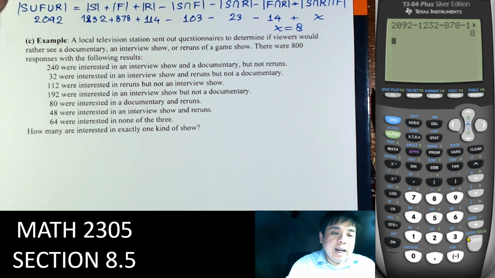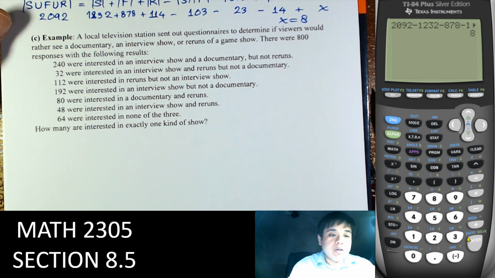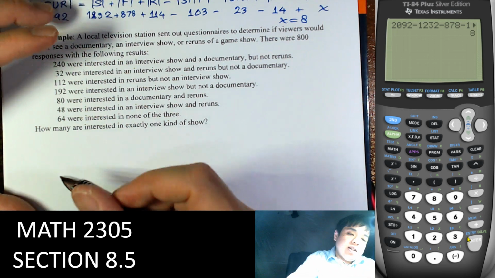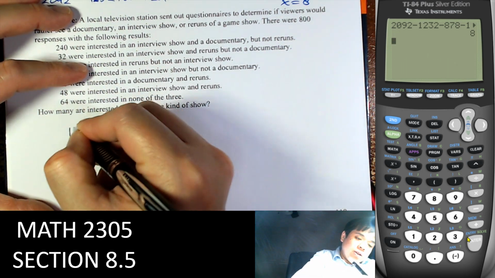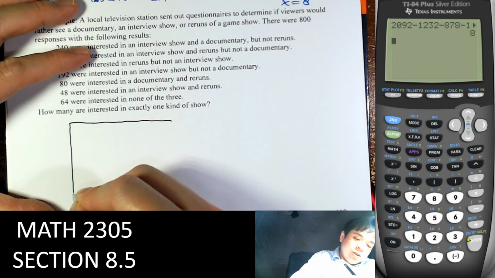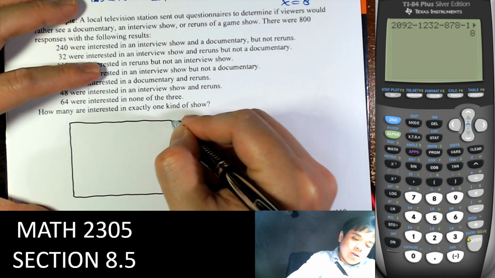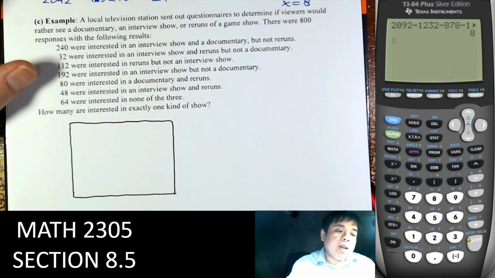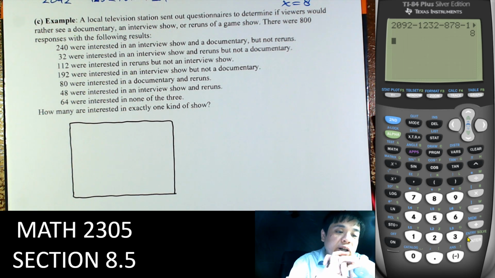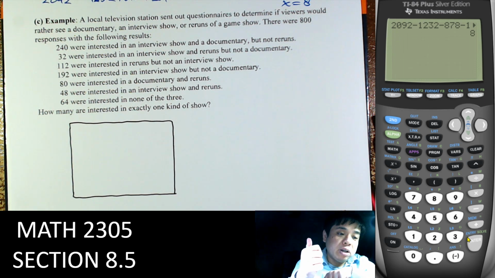Right, now the next one, we will draw the Venn diagram for this. Right, so a local television station has sent out questionnaires, and so they have documentaries, interview show, and reruns.